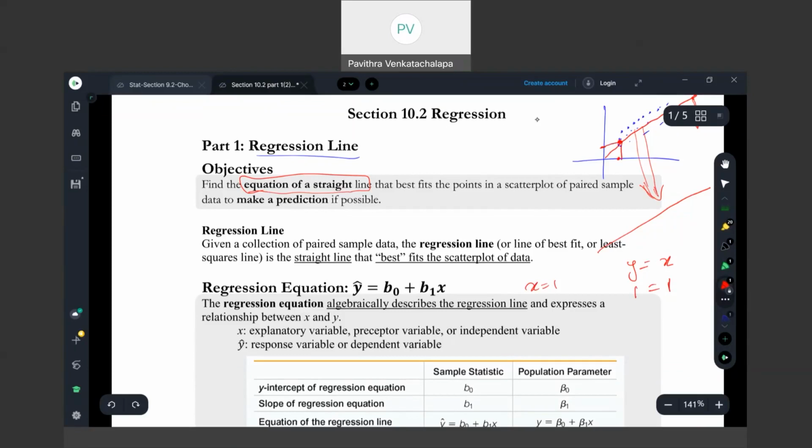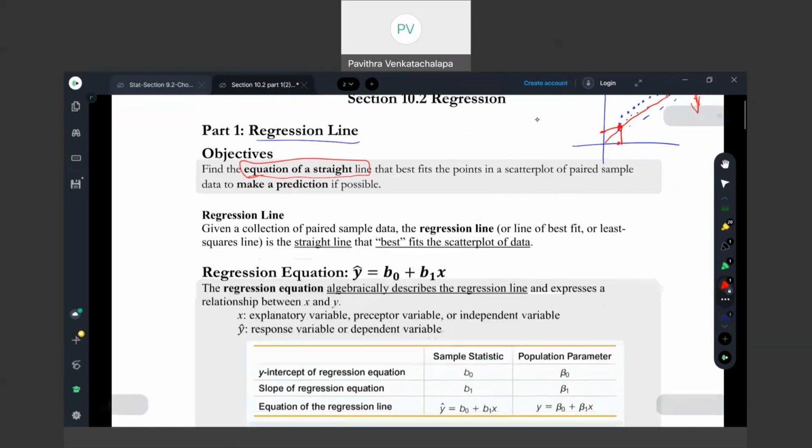In the same way, when you keep on plotting, you will get a straight line. What if this is x squared? Then you will get a curved line, or we call it a parabola, right? So all these shapes depend on the equation. In this section, our work is to find the equation of a straight line. Okay, let's do that.